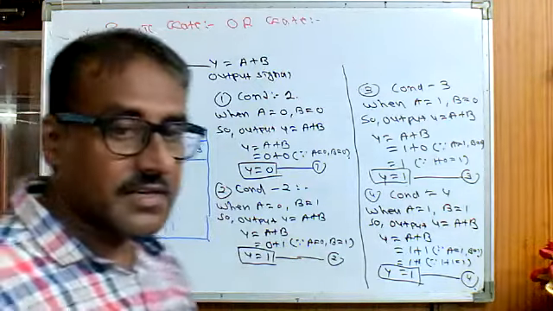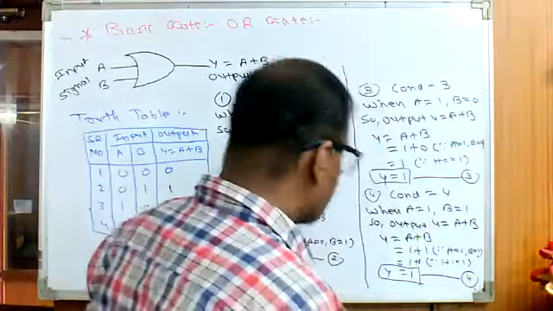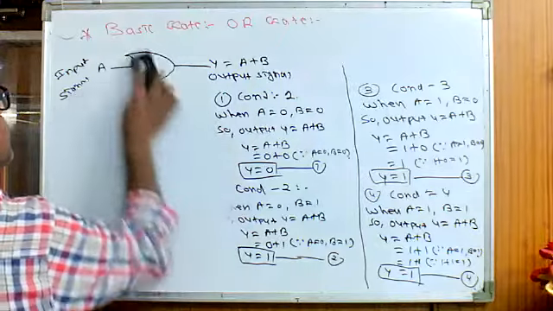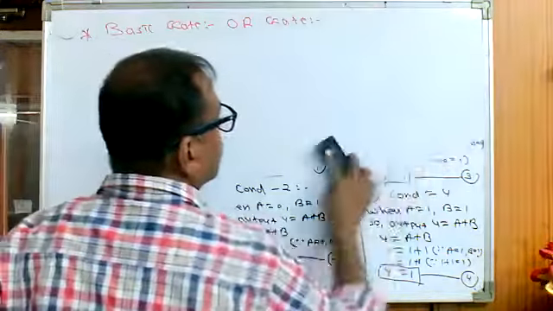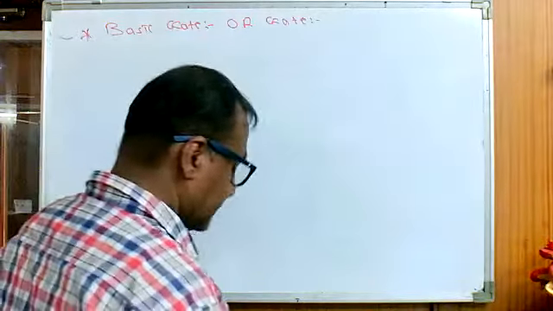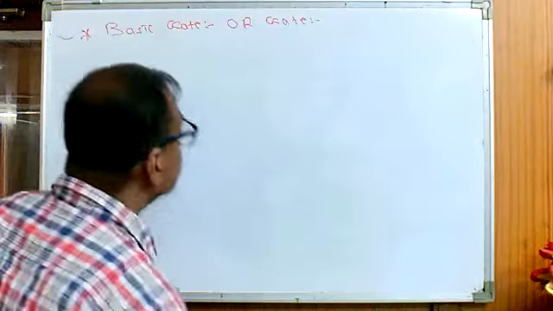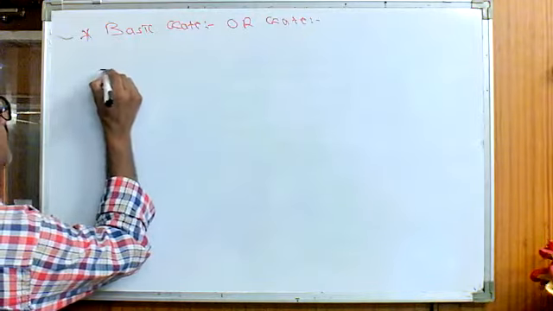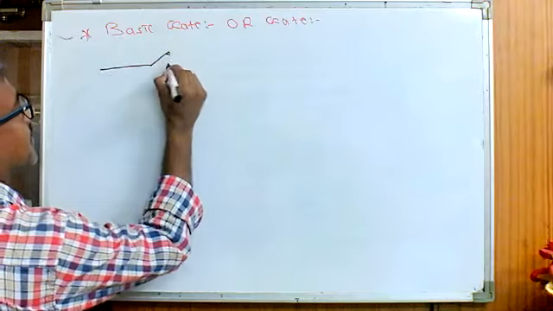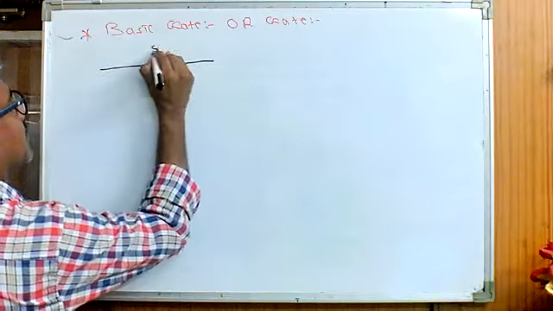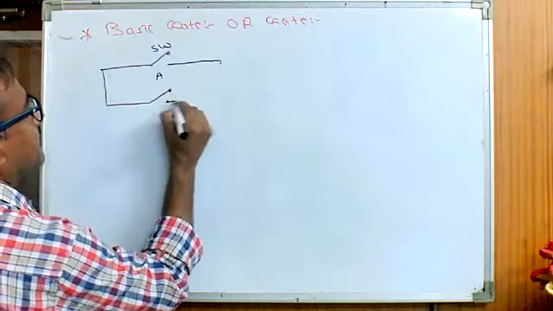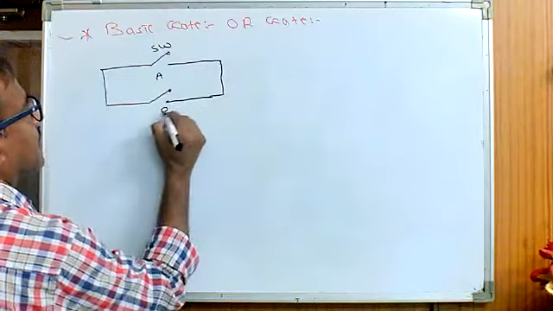Now the circuit diagram is like this. So we apply the circuit inside the OR gate. The circuit is here: a parallel switching circuit, with switch A, then B also a switch.